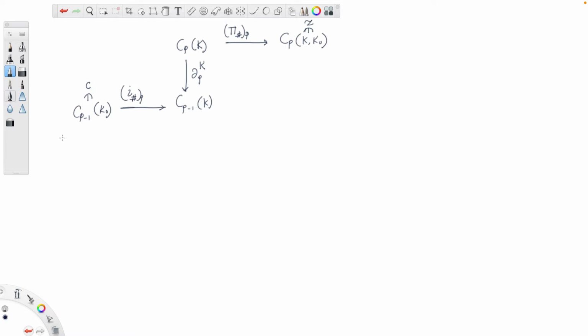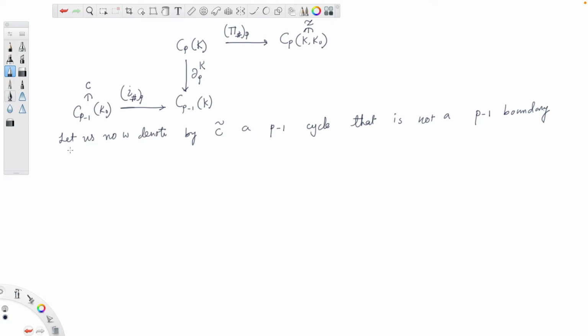Let us now denote by c tilde a p-1 cycle that is not a p-1 boundary, meaning that this is a homology class in dimension p-1 of K0.